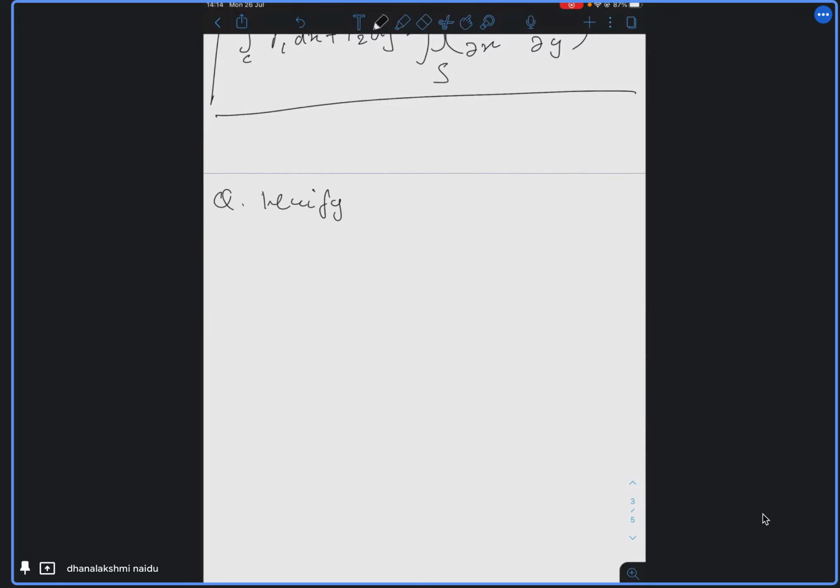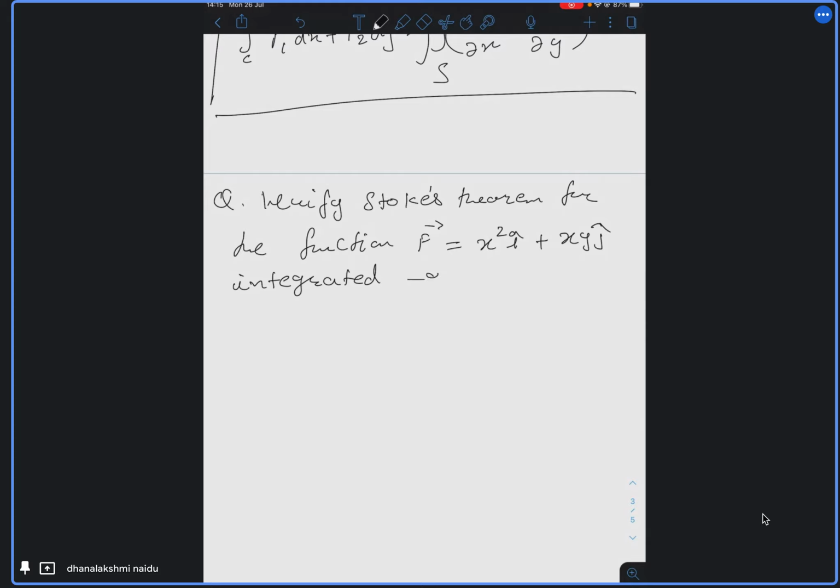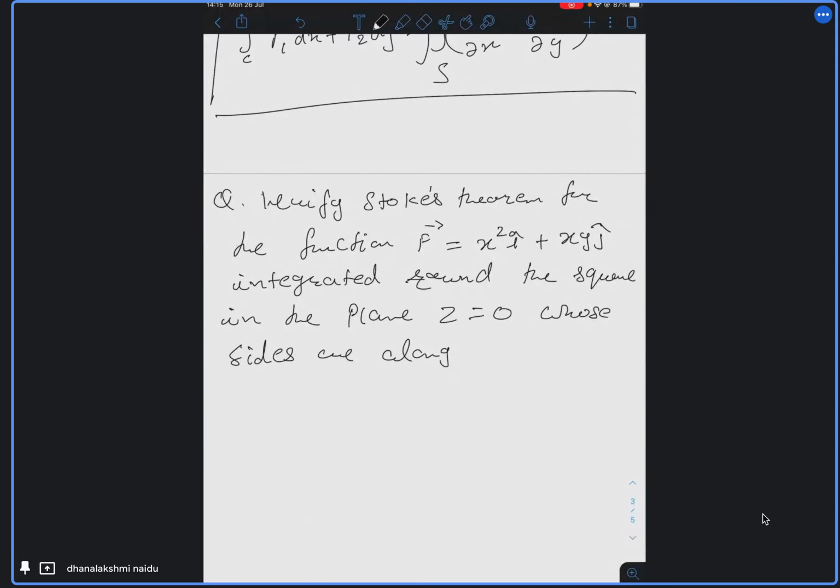You have to verify Stokes theorem for the function f bar is equal to x square i plus xy j, which you have to integrate around a square in the plane z is equal to 0, whose sides are along the lines x equals 0, y equals 0, x equals a, y equals a.